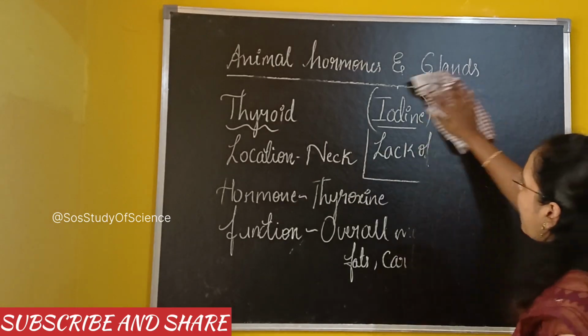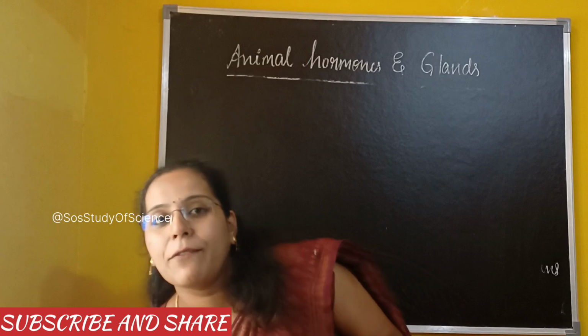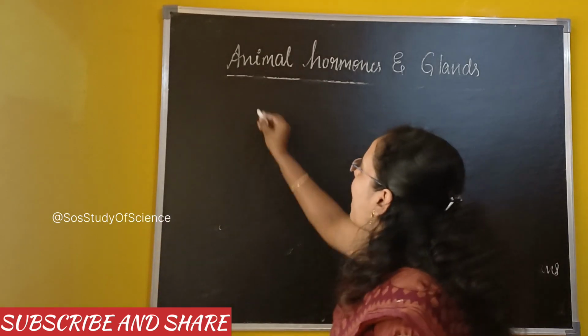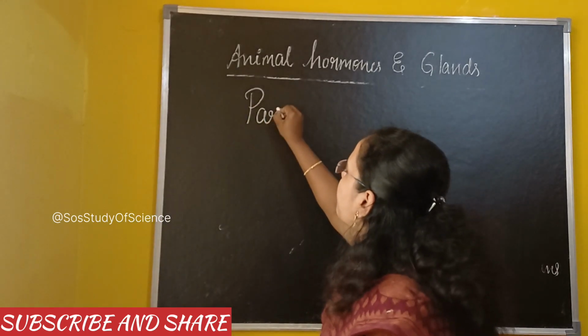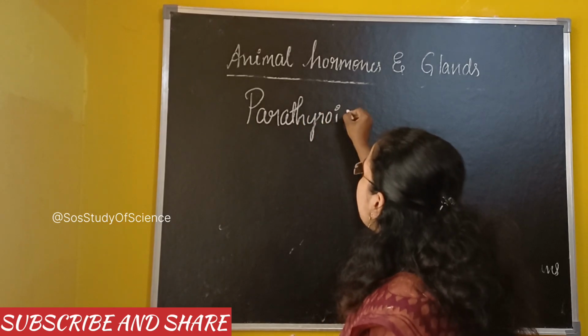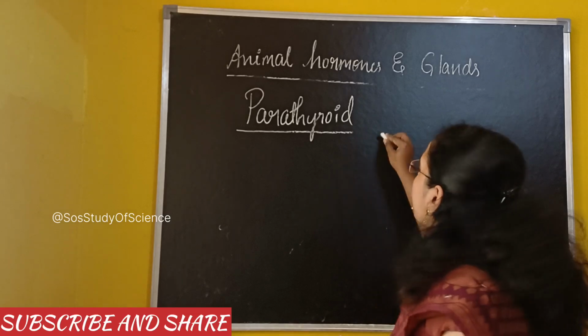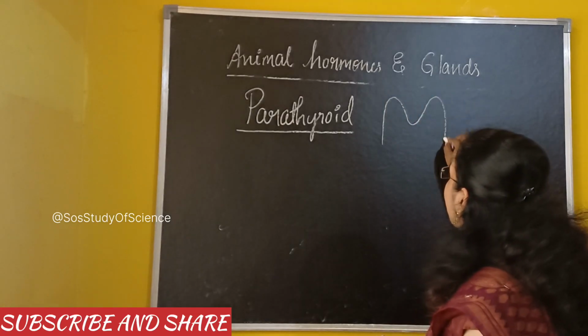So the parathyroid gland is the next one. I hope you all have noted this. Parathyroid gland. Where is the parathyroid gland located? See, this is the thyroid gland, a butterfly shaped gland.